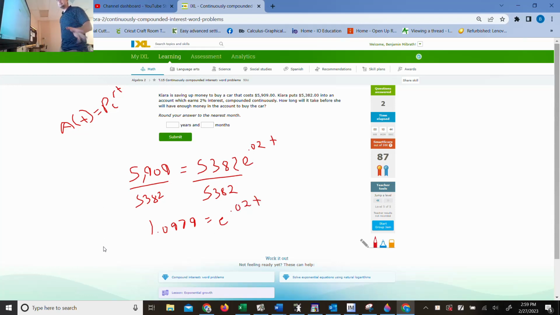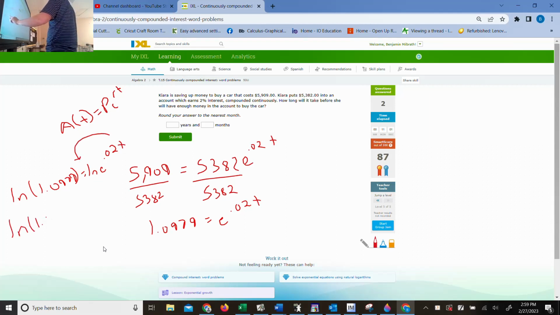And on the last thing I did with y'all, I LN'd both sides. So I'm going to do that technique again. I'm going to shift that exponent out front. And I can throw away LNE because it's 1. Then I'm going to divide both sides by 0.02, or you can, be special and multiply both sides by 50.